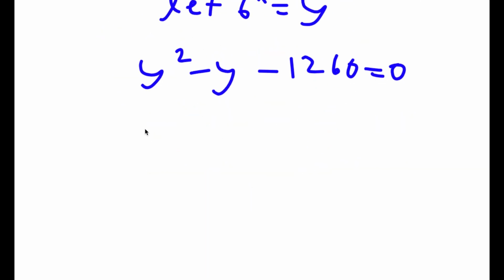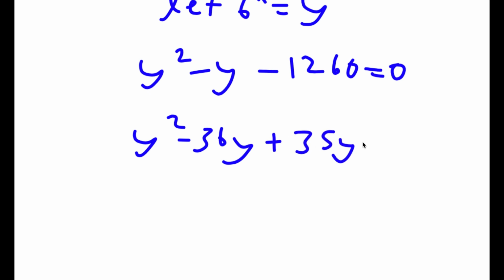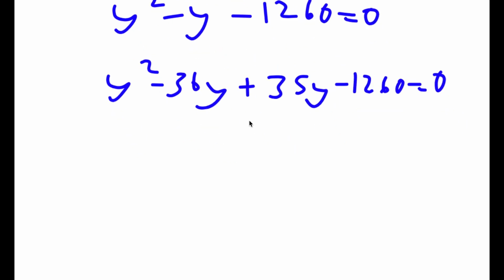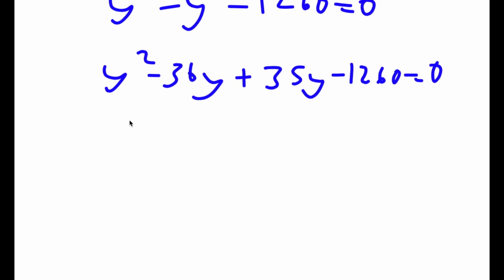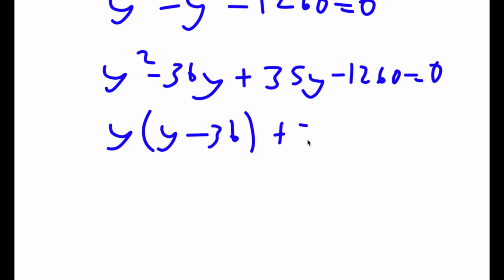Now I'm going to replace negative y with negative 36y plus 35y. And now y squared minus 36y is the same thing as y times y minus 36 plus 35 times y minus 36.